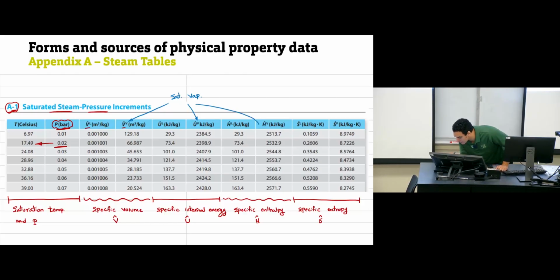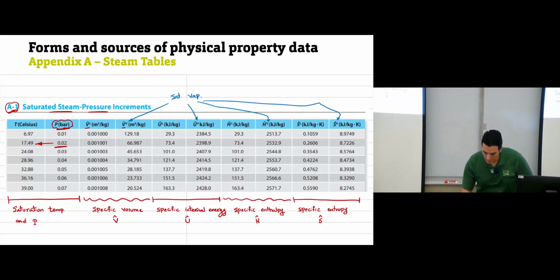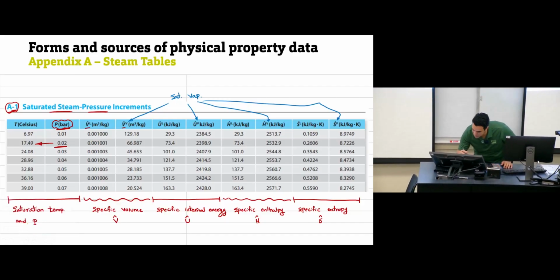All of these superscript V mean the column is for saturated steam or saturated vapor. And on the other side we have this L, all of these L, which means these columns are for saturated liquid.